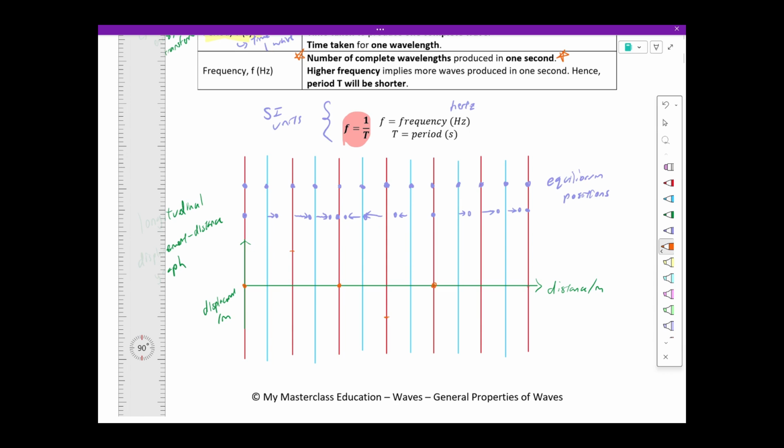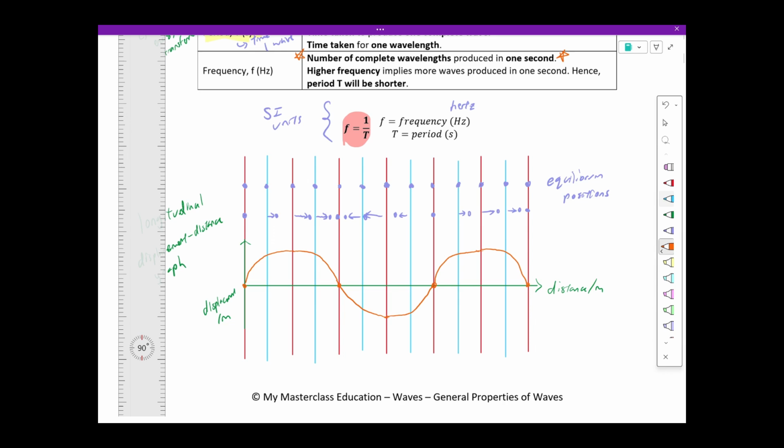This is zero again, this is zero again, this is positive again. So if you were to draw and connect the dots, it will look something like this, like this, like this. So you can see it forms that sinusoidal shape.